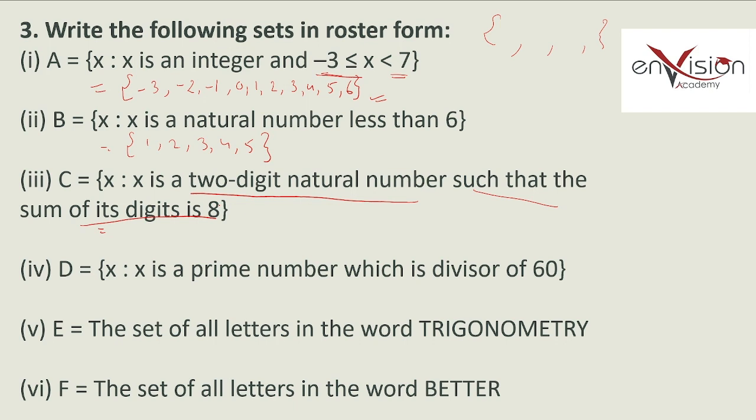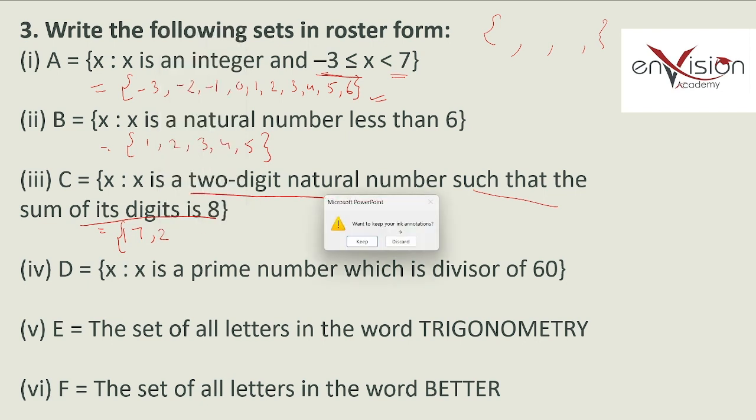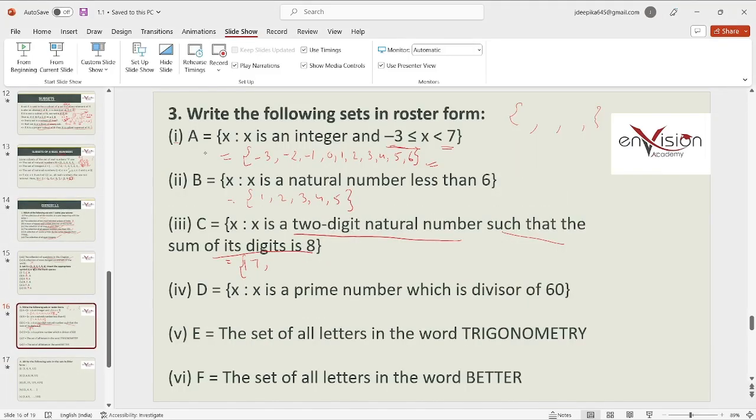Let's start with the first one, 17. Can we write down 17 here? Yes, definitely 17. Okay, next will be, don't forget to write the braces. Next will be 26. Sorry. Next we have, I'm sorry.